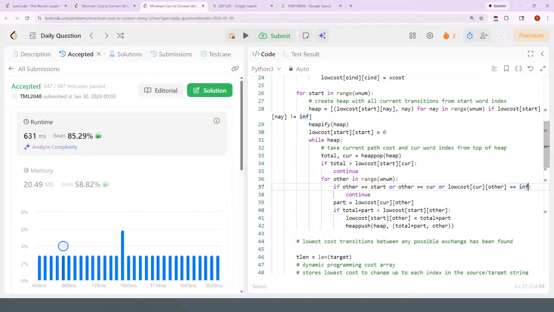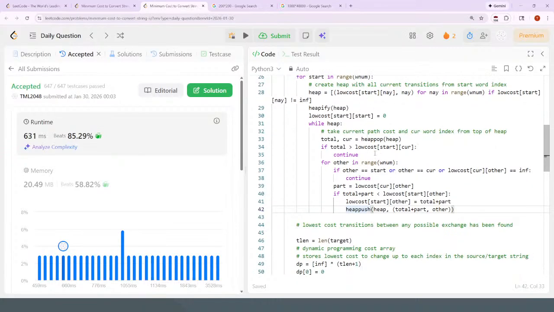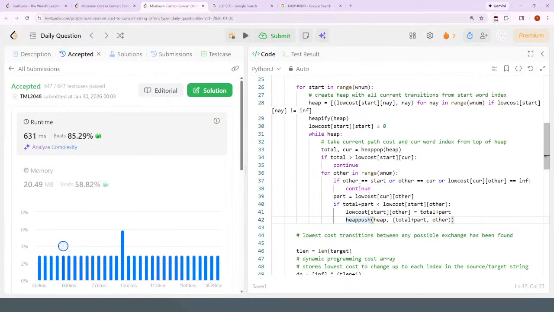But if there is some transition, then find the transition costs between them. If that transition plus the path to this current is smaller than the path from the start to this other thing, then update, push that to the heap, and do that until the heap is empty. And this will make it so that the transition matrix has the lowest cost from any starting index to any ending index word.